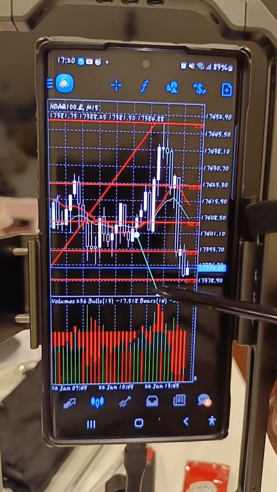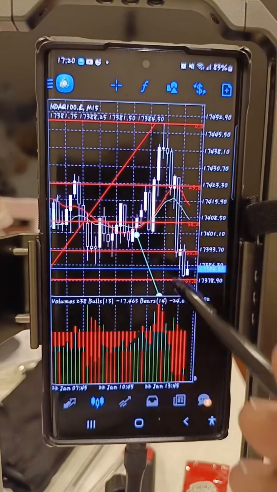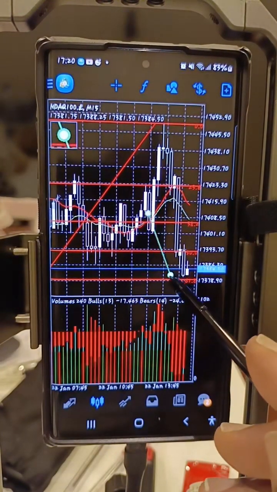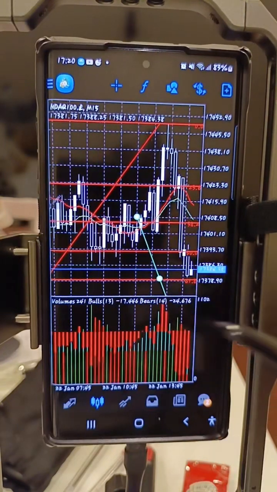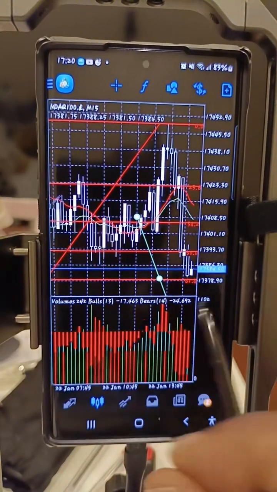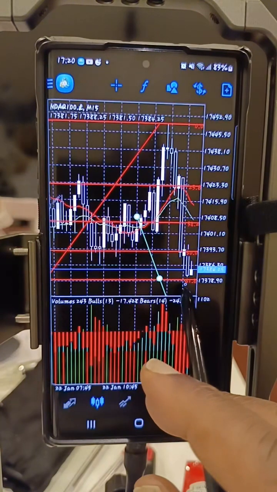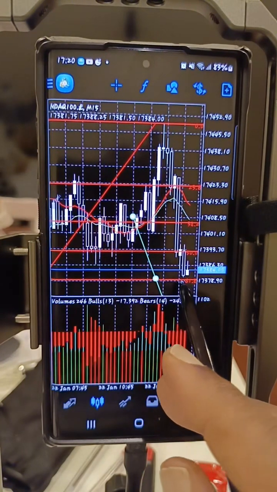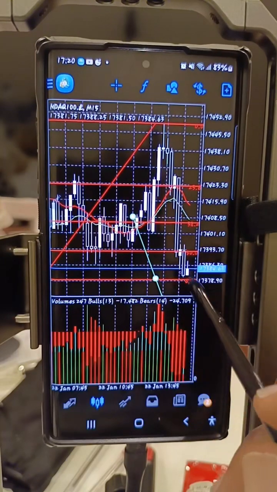Can you see how nicely this has? So what happened here? What's going to happen here now? This is the key thing here. Because you can see it respect the 61.8. It does respect the 61.8 leading into the New York session.